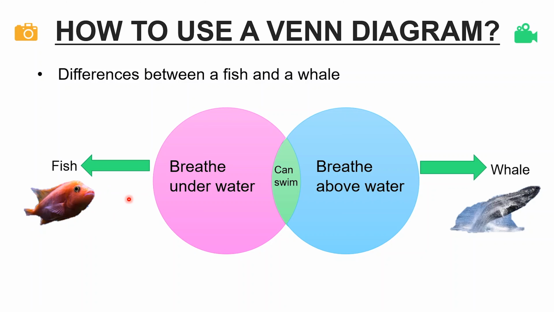So, that would go in the fish only circle. Only whales can breathe above water and that would go in the whales only circle. So you can use a Venn diagram to analyze the similarities and differences between any two topics.